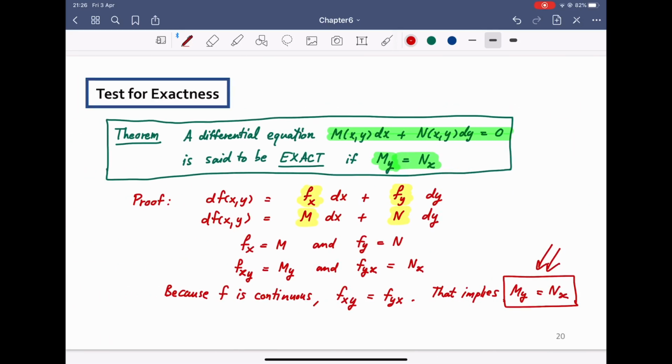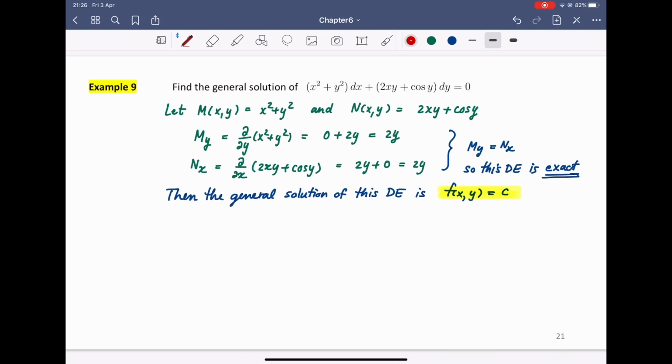We know that f sub x is always equal to M, and f sub y is always equal to N. So we're going to use it as a starting point. If we differentiate such a function f with respect to x, we will get M. And if we differentiate such a function f with respect to y, we will get N.